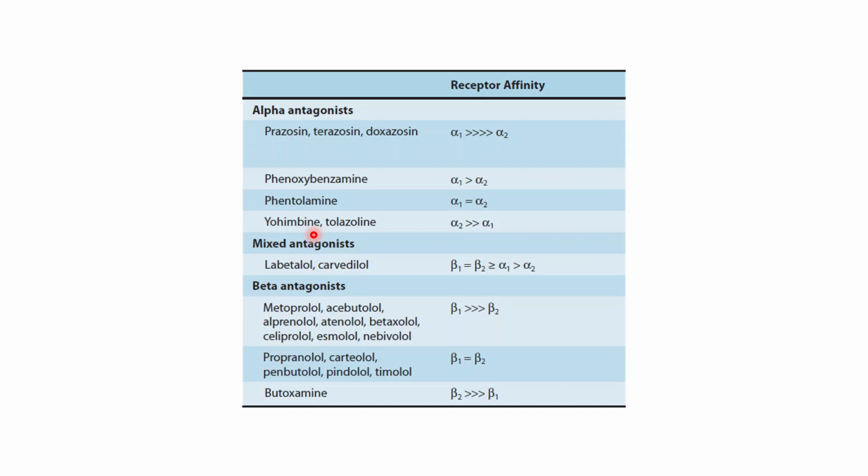The major clinical use of phenoxybenzamine is in the management of pheochromocytoma. Patients have many symptoms and signs of catecholamine excess, including intermittent or sustained hypertension, headaches, palpitations, and increased sweating.